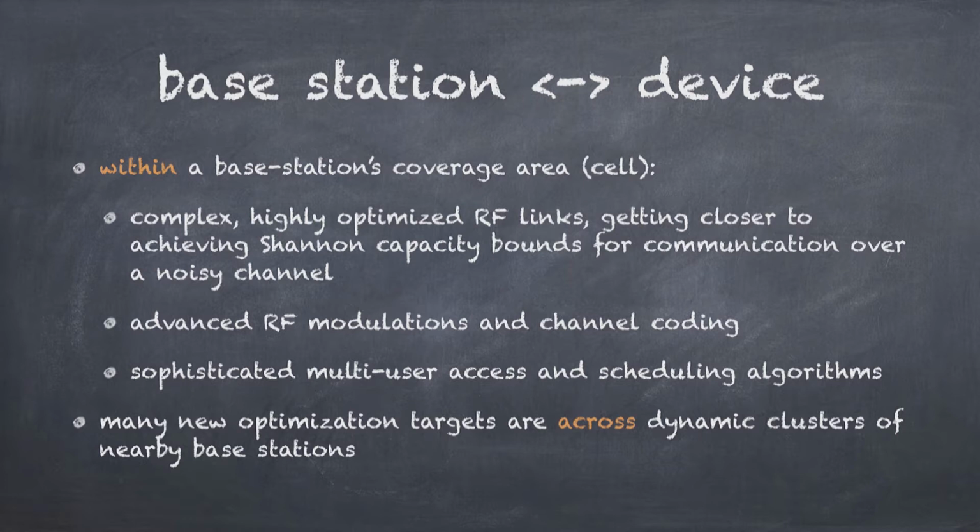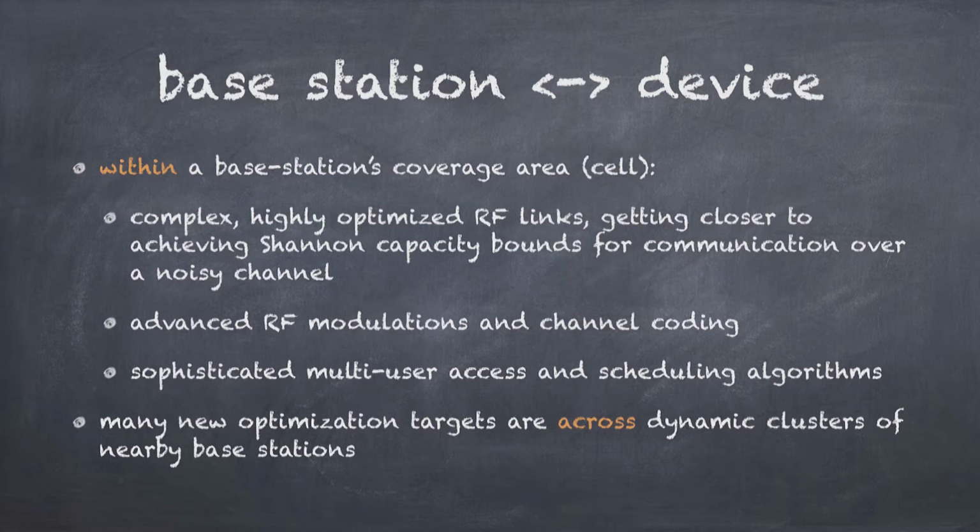There are also sophisticated multi-user access and scheduling algorithms, so that all of the users in a given base station are sharing the frequency resources fairly, by some definition of fairly.